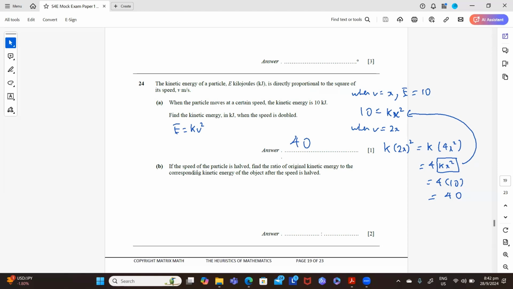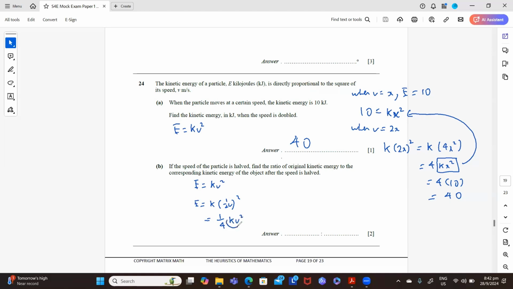Okay, part B. If the speed of the particle is halved, find the ratio of the original kinetic energy to the corresponding kinetic energy. So E equals kv squared. If the velocity is halved, E will equal k half v squared, which is 1/4 kv squared.